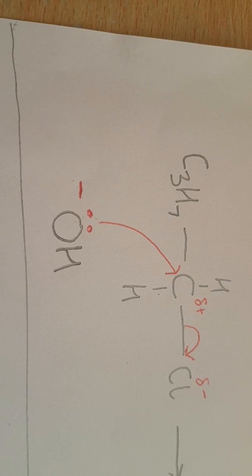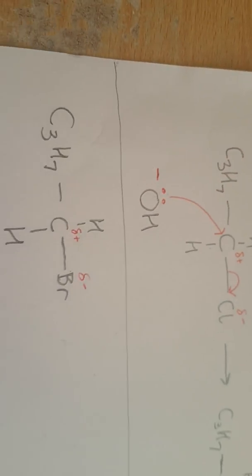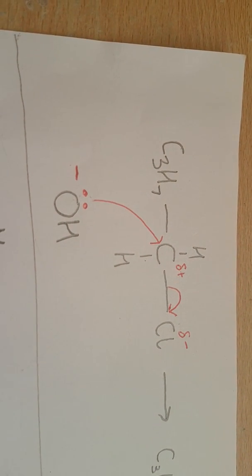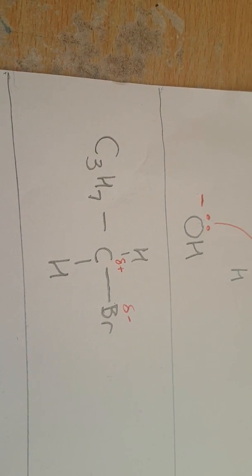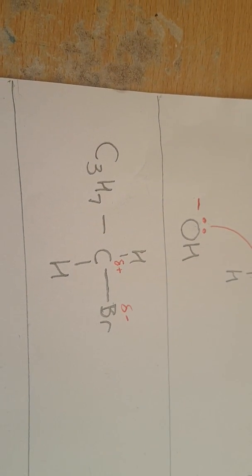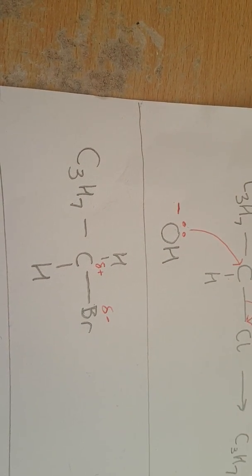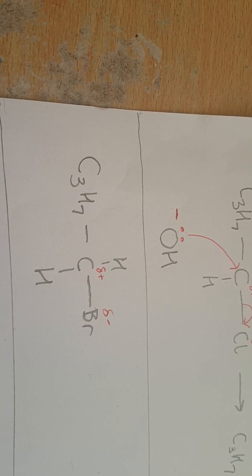Anyway, which would have the higher rate of reaction? Would it be the hydrolysis of chlorobutane, or would it be the hydrolysis of bromobutane? Now, that depends on two factors, actually, which I shall show you.